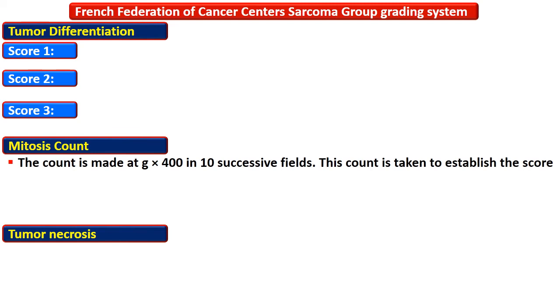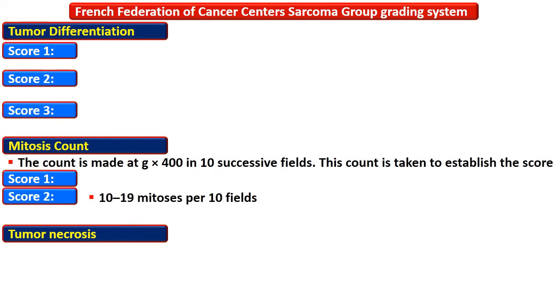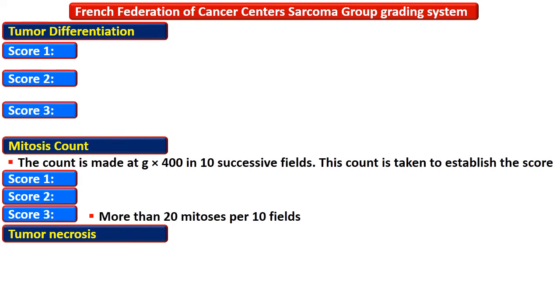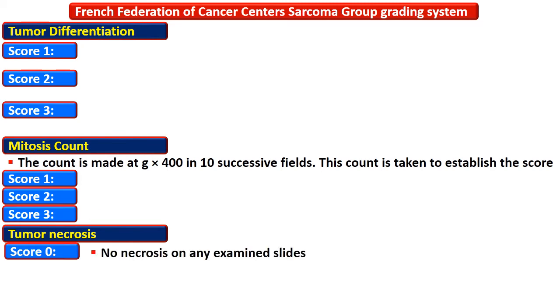Mitosis is counted under high power for 10 successive fields, and 0 to 9 mitoses per 10 fields is given score 1. When these mitoses are 10 to 19, score is given 2, and when these mitoses are more than 20, the score is given 3.